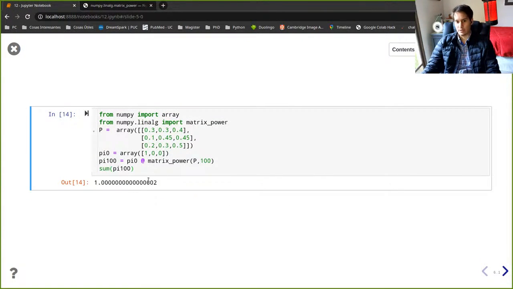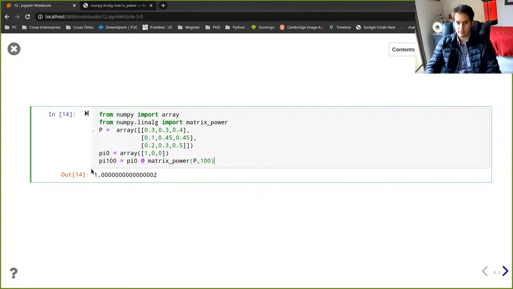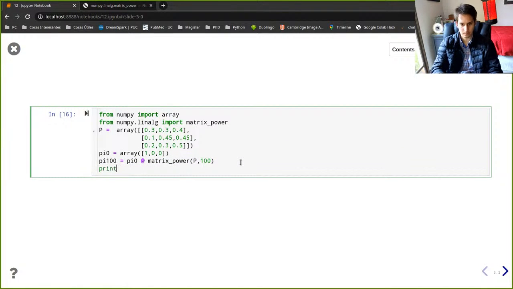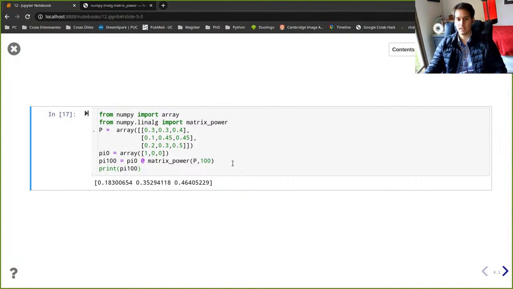Well, 1.0002, but that's basically 1. Okay, so now we have the solution. Print pi 100. Those are the probabilities at time equals 100.